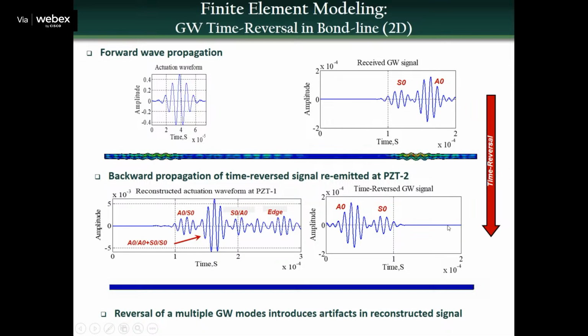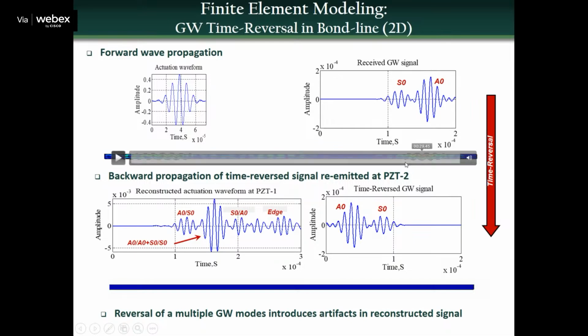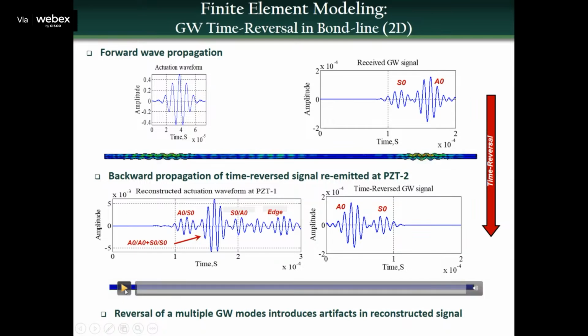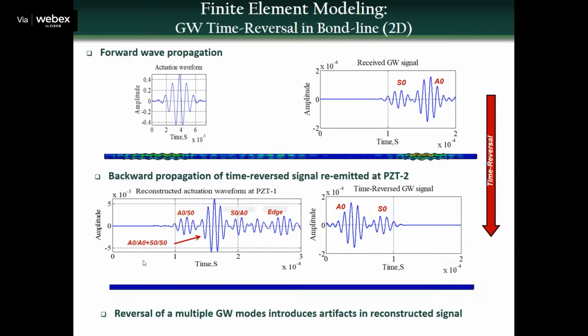And you pick up the signals at the sensor location, okay? Then you will backward propagate those time reversed signals. You just do the time reversal there. This is a time reversal guided wave. Then you back propagate that back. Let's see.